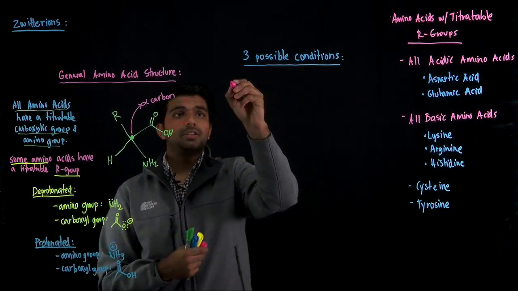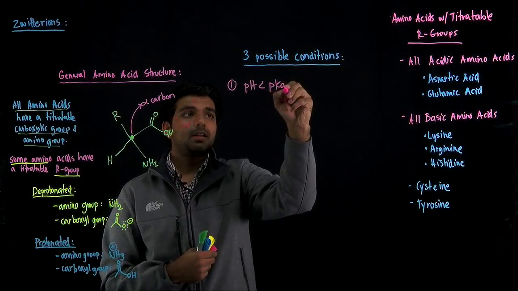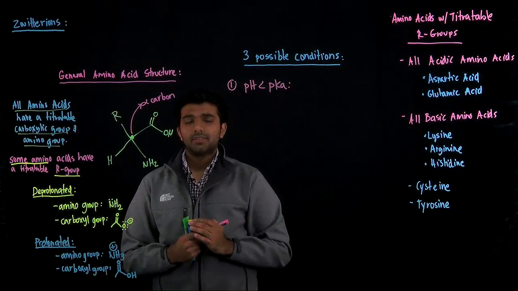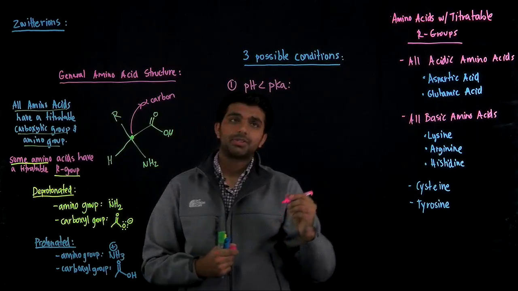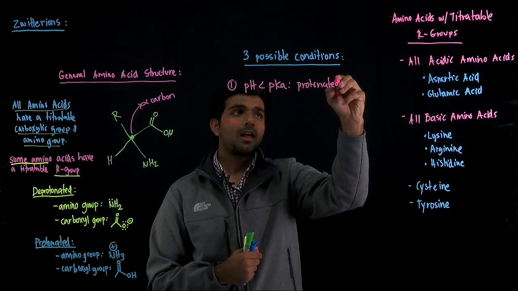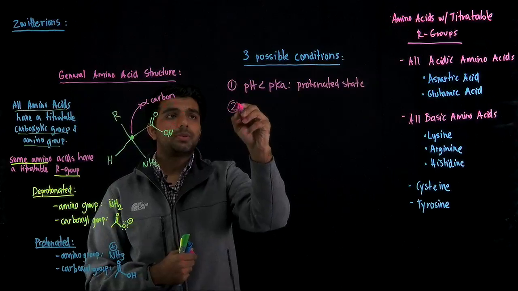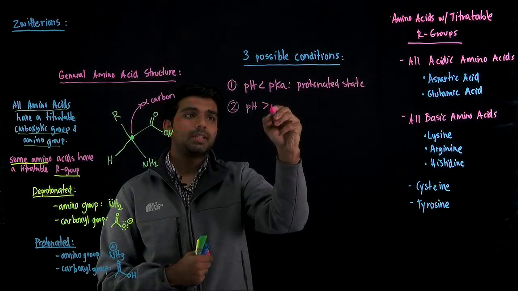The first condition is when the pH is less than the pKa. The pH is a more acidic environment compared to the pKa, so we're going to result in a protonated state. The second possible condition is where the pH is greater than the pKa.